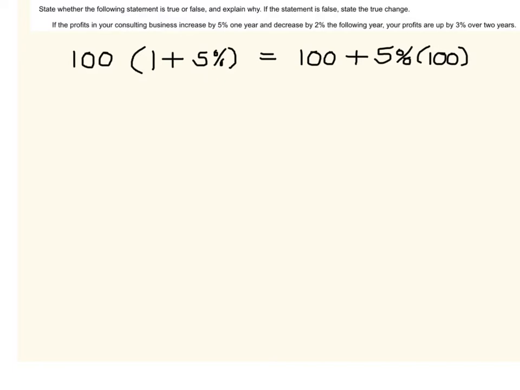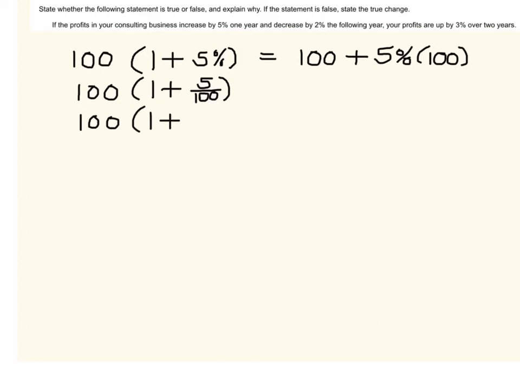Now let me write this again. This is 100 times 1 plus 5%. And 5% means 5 over 100. That's another way of writing percent. Okay, so working my way down, that's 100 times 1 plus 5%.